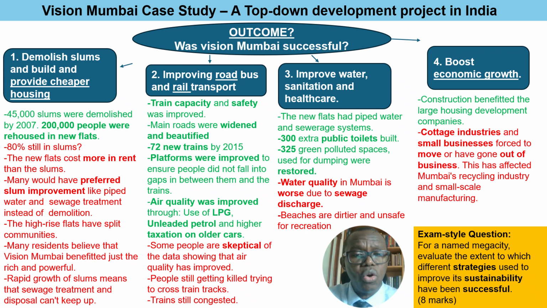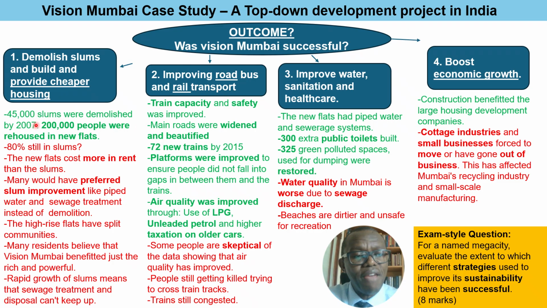Okay, so let's go on then to whether Vision Mumbai was successful, and we are going to start off with the first implementation, one umbrella under which the project was going to be implemented, and that was to demolish the slums and to build and provide cheaper accommodation or housing.